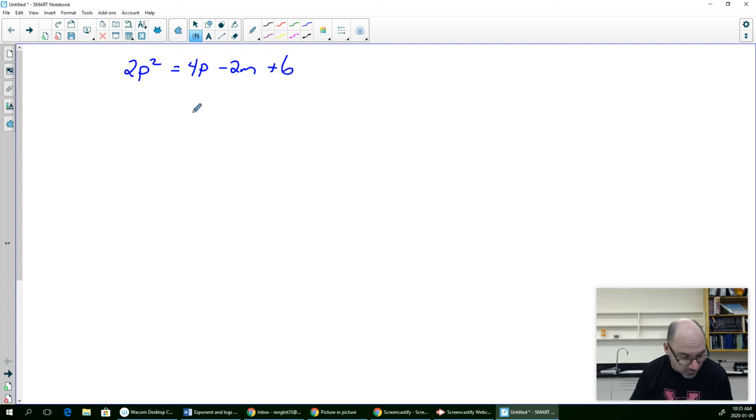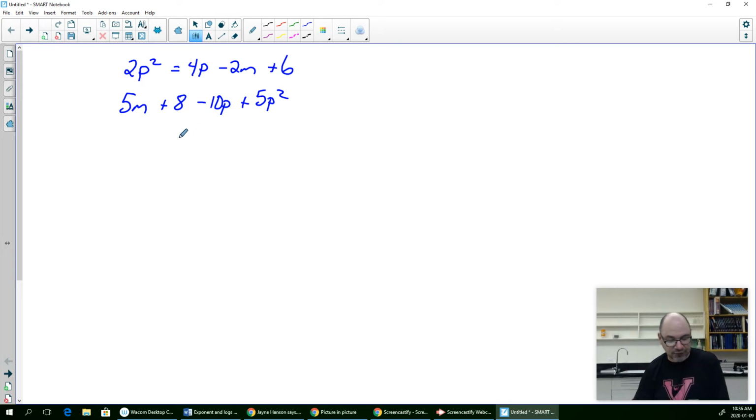And then the other one that we've got here is 5m plus 8 minus 10p plus 5p squared. And it's to solve each system by elimination and verify your solution.